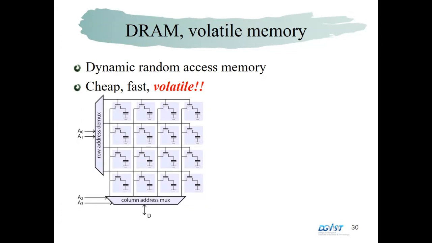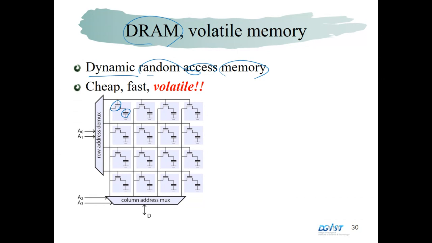I'm going to remind you about DRAM, which is a volatile memory, and DRAM means dynamic random access memory. If you don't remember about DRAM, please take a look at the lecture I recorded at the beginning of this semester. DRAM consists of one transistor and one capacitor.